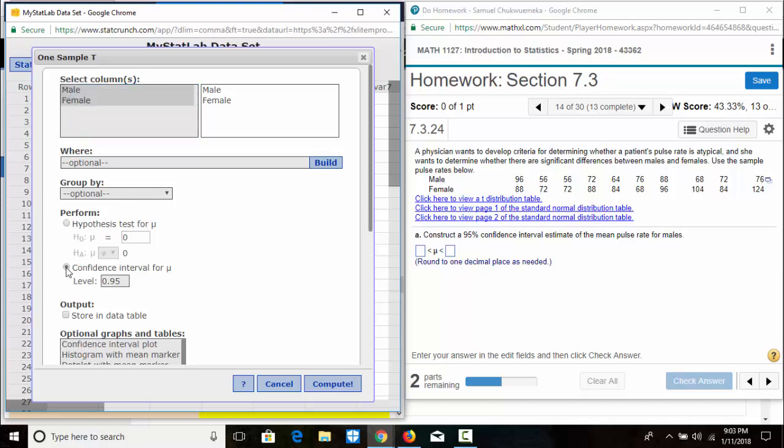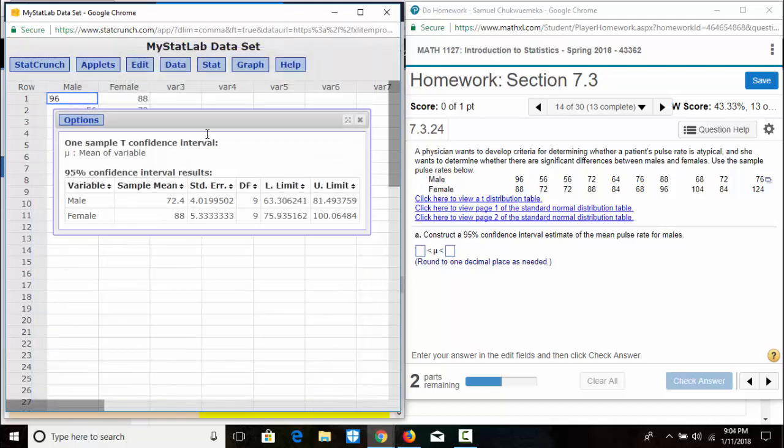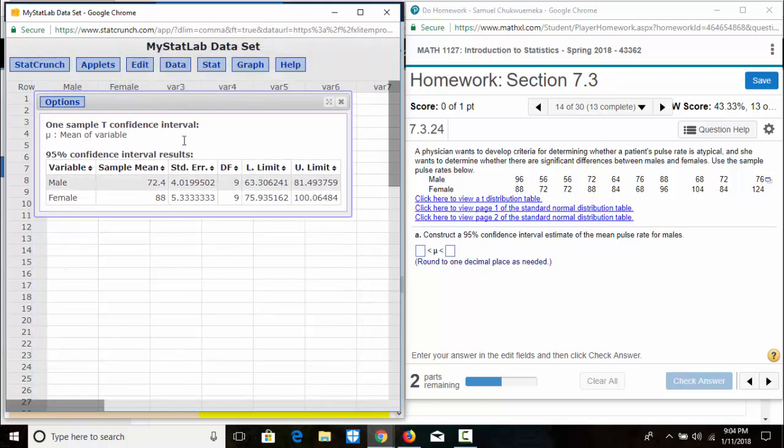And we're gonna do confidence interval for both of them, 95% confidence interval estimate for both of them, and we click compute. So in this case, we'll see the 2 right away. So please do not use 2 samples. Okay, we're gonna use 1 sample, but we'll select both of them.